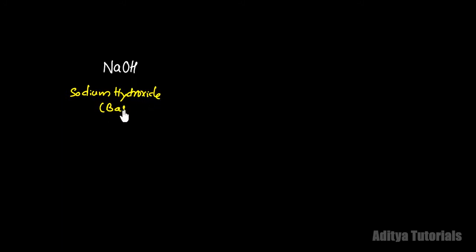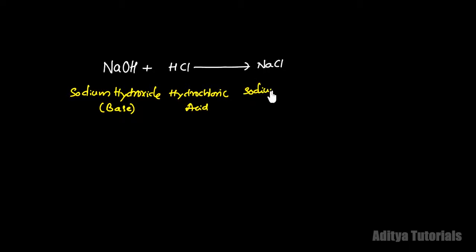This sodium hydroxide reacts with HCl. HCl is called hydrochloric acid. Obviously, it is an acid. These two combine and produce the product NaCl, sodium chloride, and water, H2O.